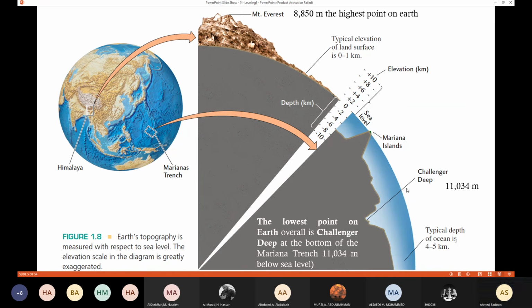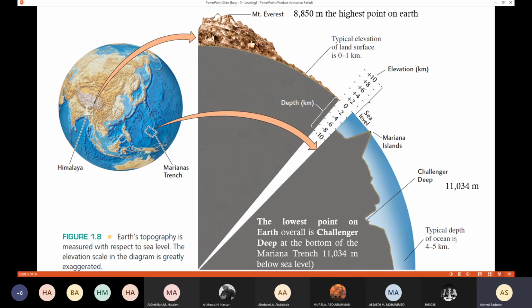Then, if I ask you a simple question, would you be able to determine how tall is that mountain? If you say the height of that mountain is 1 meter, what does it mean? Does it make sense? Because I'm going to ask you about the reference. 1 meter from what? So you need to have a reference.